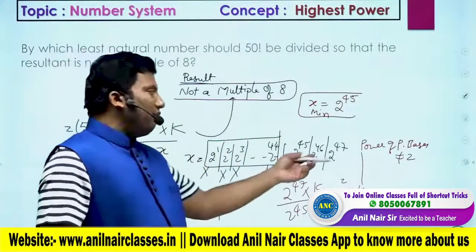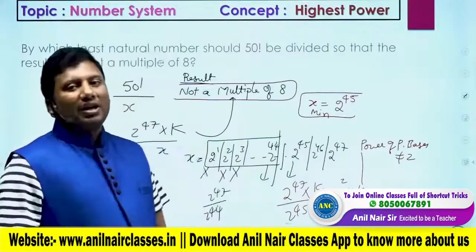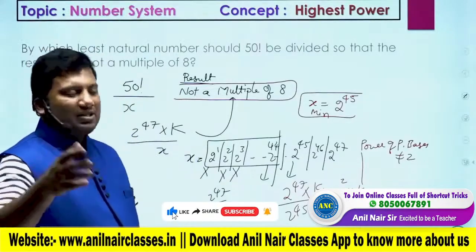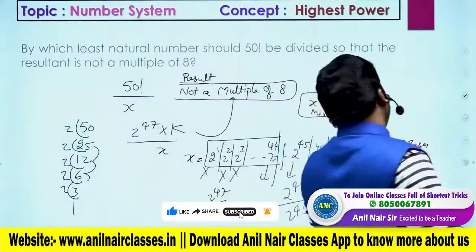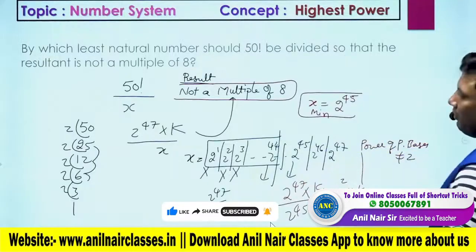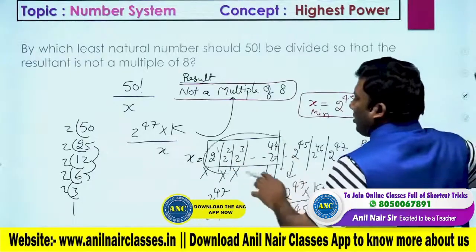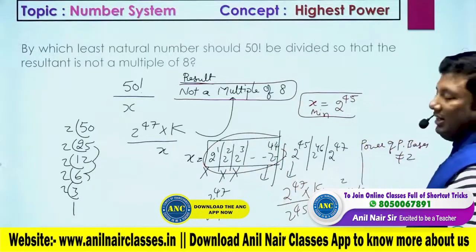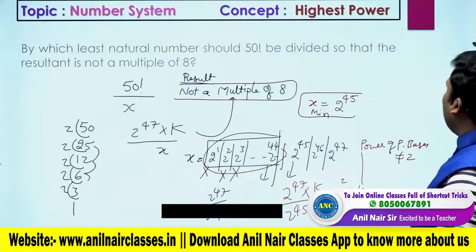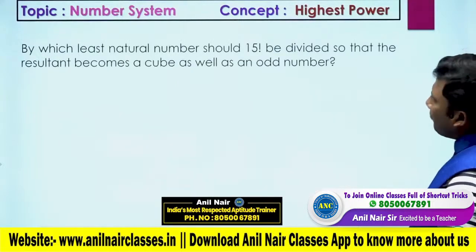So 4 into any other 2 will not come. It is all 3 power, 5 power, 7 power. So the answer is, the minimum value is 2 power 45. I hope the idea is clear. All these powers of 2, if I keep it in x, will make the resultant a multiple of 8.